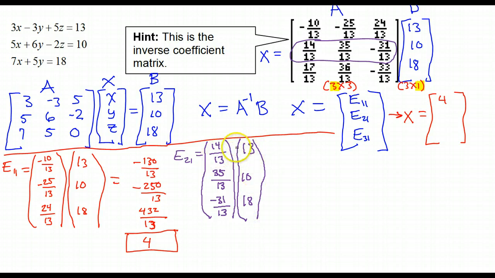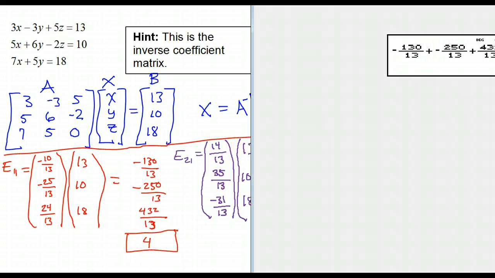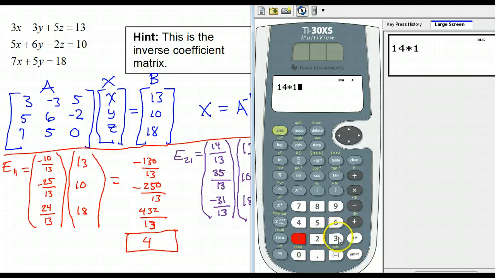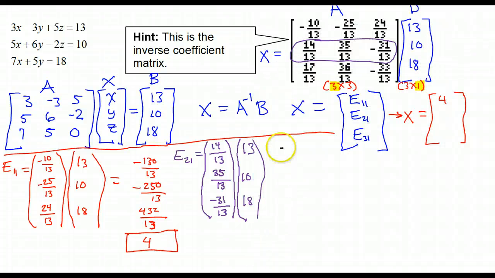Alright, if I multiply this stuff together, 14 times 13, I don't actually know that off the top of my head. 14 times 13, that's 182. So this is giving me 182 over 13. I can multiply by 10 all day, just add that 0. So that's 350 over 13.